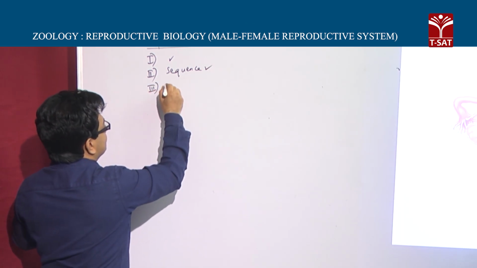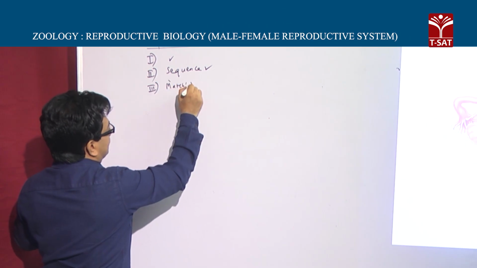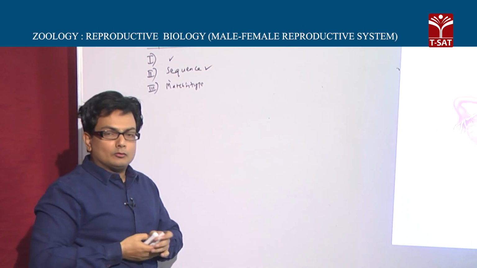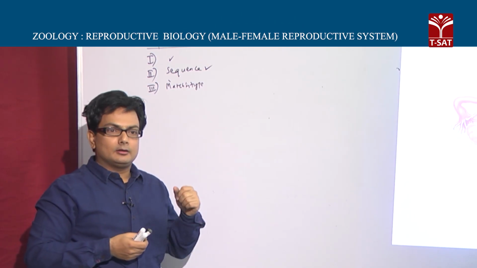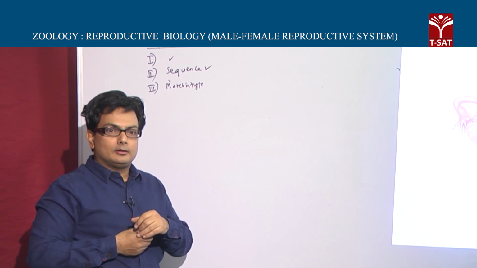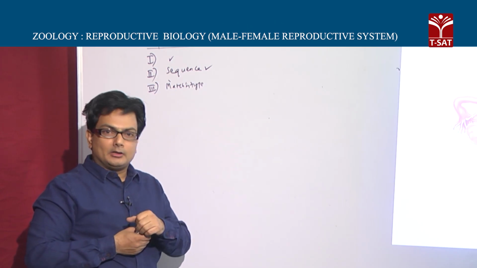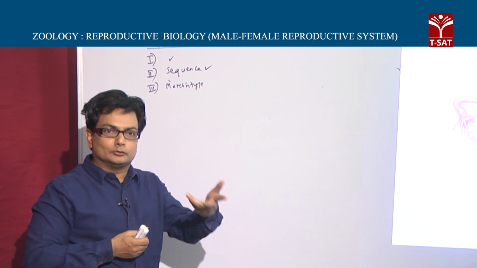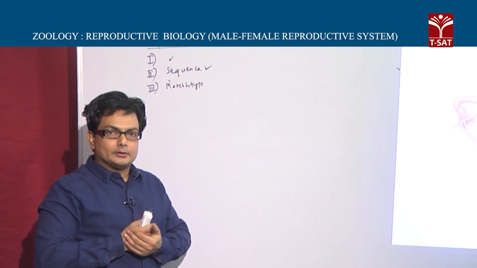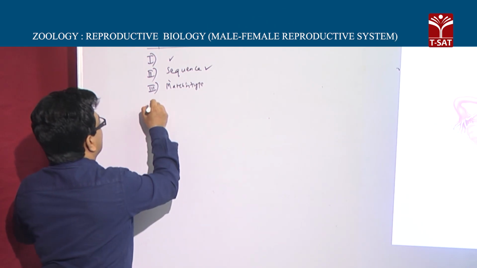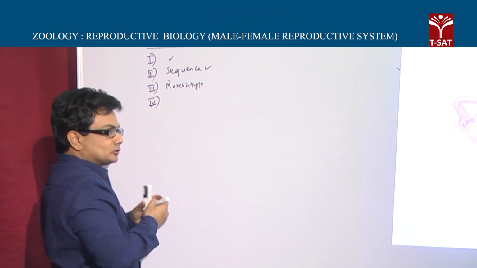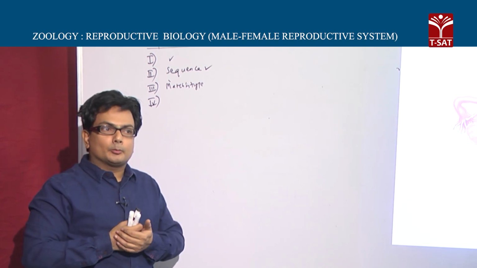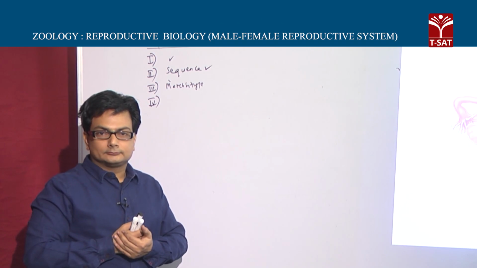Next, match the following. Matching type. So in this matching type, what you can do is, you can recall important cells of a male, glands of a male, the glands of a female, and what do they do, what products or content they discharge. And the fourth possibility will be how you can interrelate this topic with endocrinology, the hormones acting.